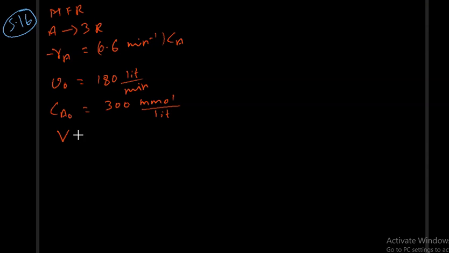And the volume of a mixed flow reactor is 1 meter cube. So for a mixed flow reactor, tau m is equal to V by V naught is equal to Ca naught Xa divided by minus Ra.